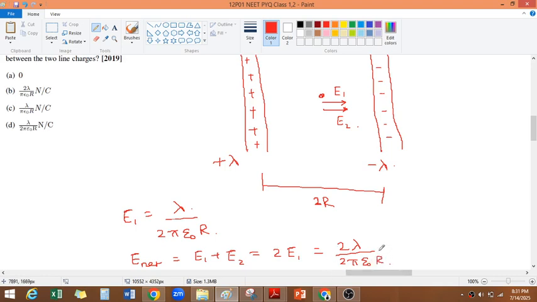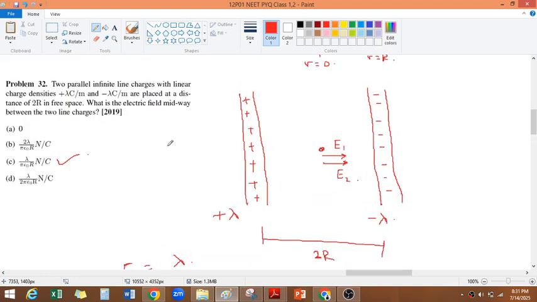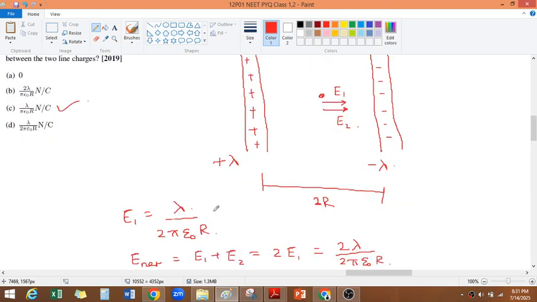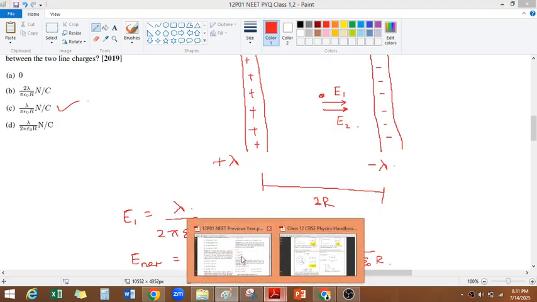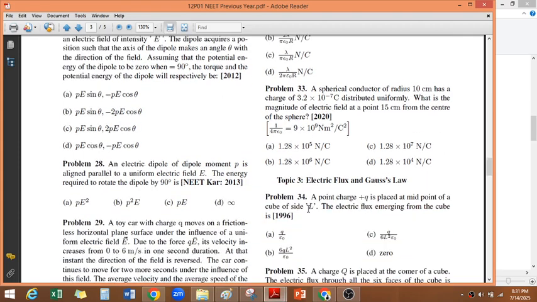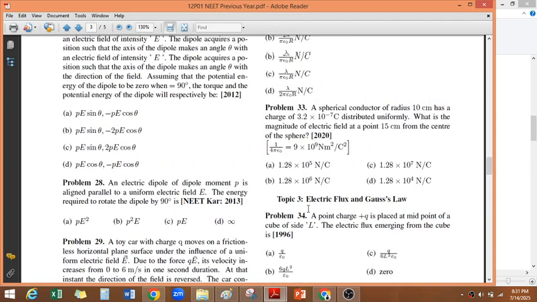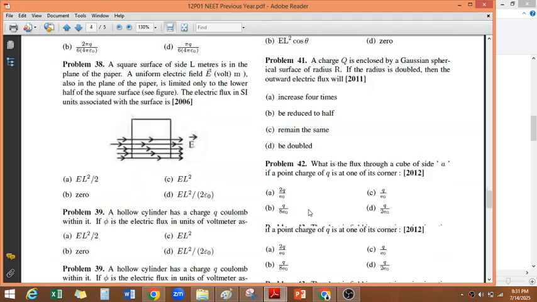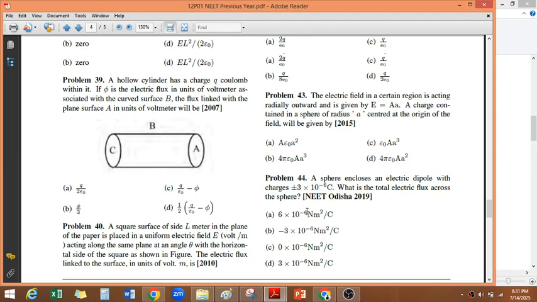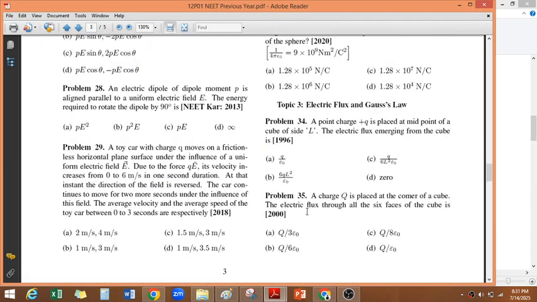The 2 and 2 will cancel, so I will get lambda by epsilon naught r. So I think this will be the correct answer. Any doubts? Let's quickly finish this one, and then I think these are all easy stuff only, so you can do this as homework also.